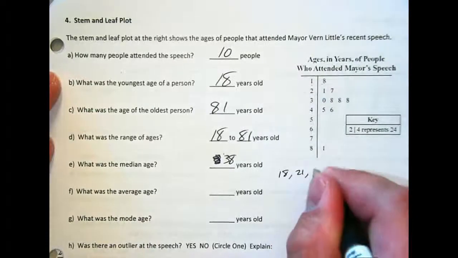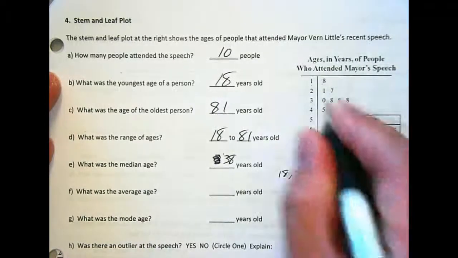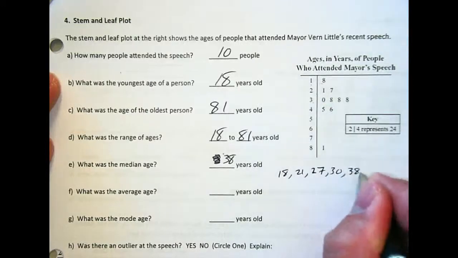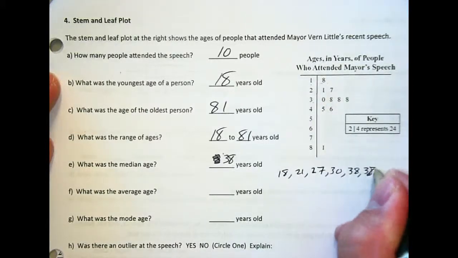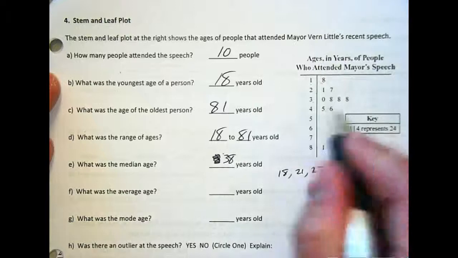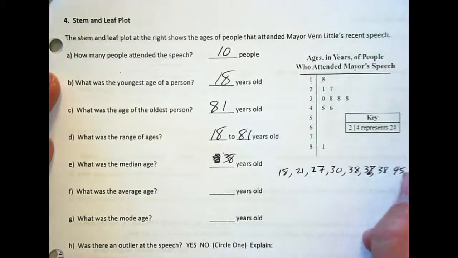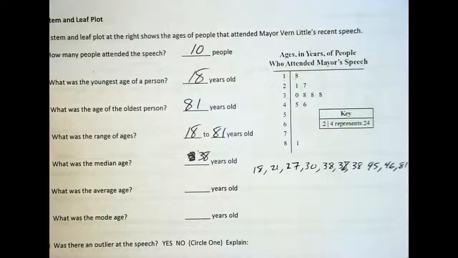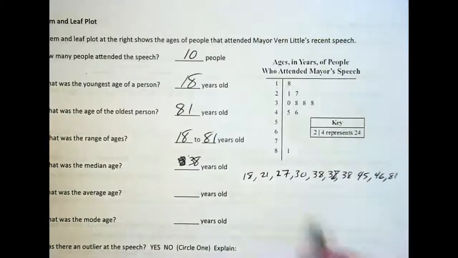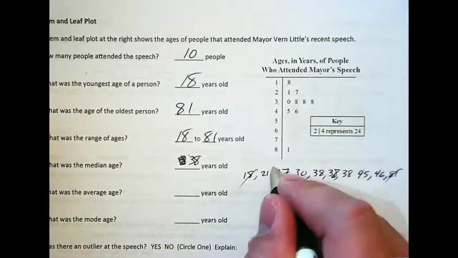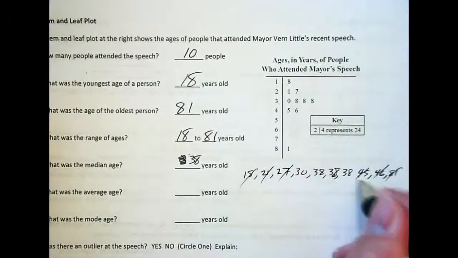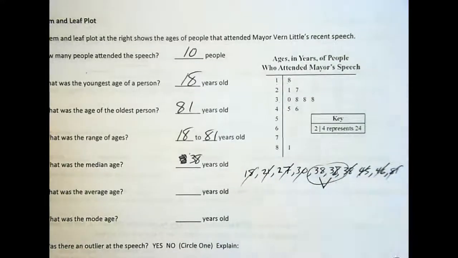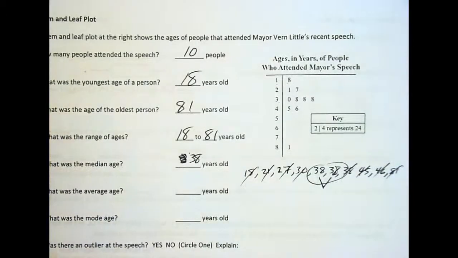We have 27. 30. 38, 38 three times. Holy cow. And then 45, 46, and 81. Okay, let's get all those on there. Notice I just crossed one out. And boom, 38. You guys figure out what happened?